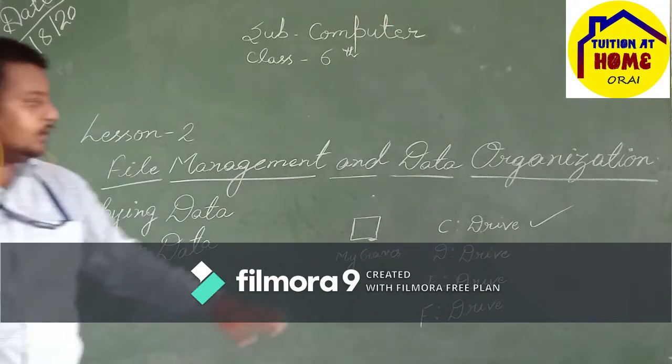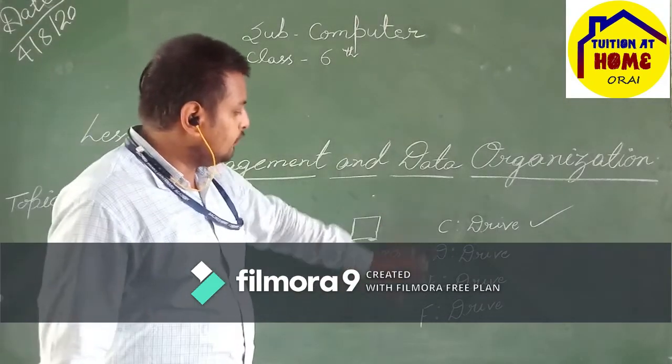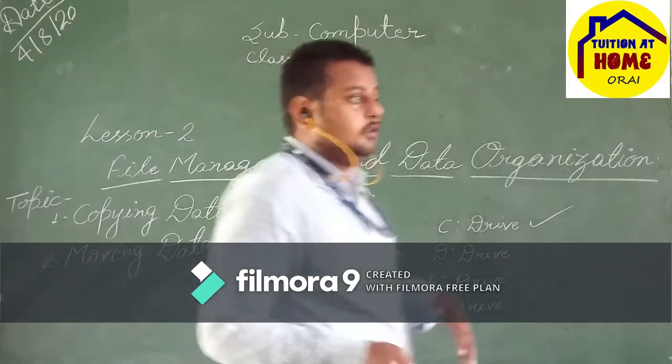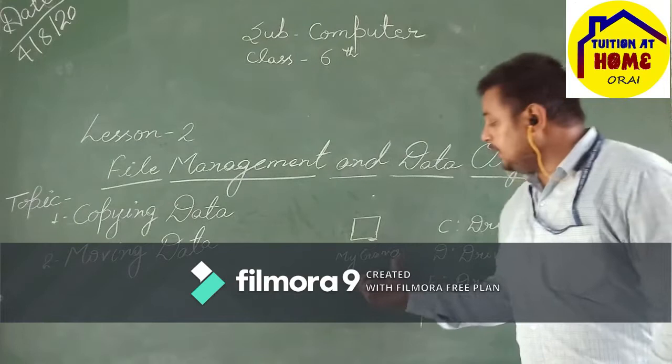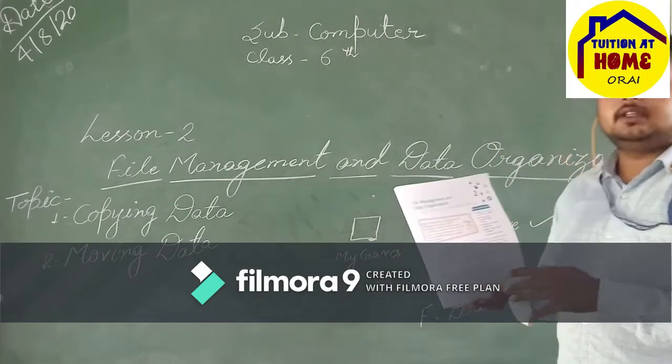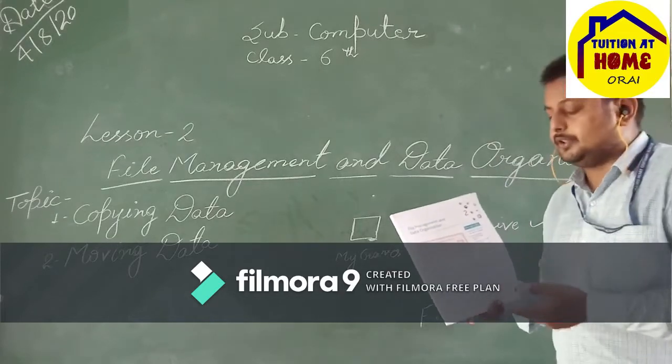Suppose you want to store My Games from C drive to F drive. Then what are the steps by which you can simply copy that folder from here to here?